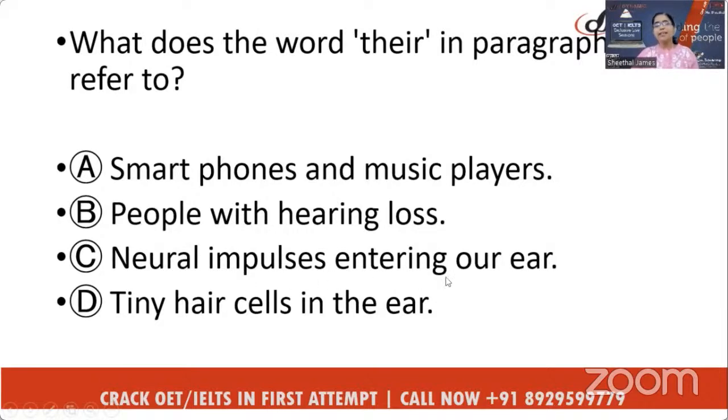Then neural impulses entering our ear. Neural impulses are not destructed or damaged. Here, tiny hair cells in the ear are the hearing organ, and that was mentioned with this pronoun. So here, tiny hair cells in the ear is the correct answer.